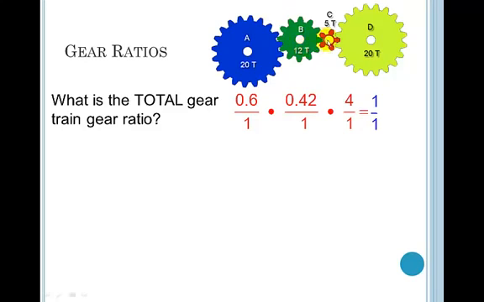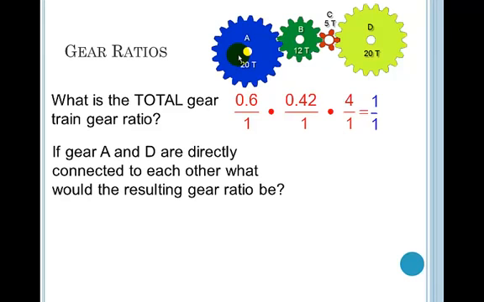If I multiply all those together, each one cancels the next one out. So the total gear ratio for this gear train is basically the ratio between the output and the input gear. If they were connected directly to each other, the gear ratio would be 1.